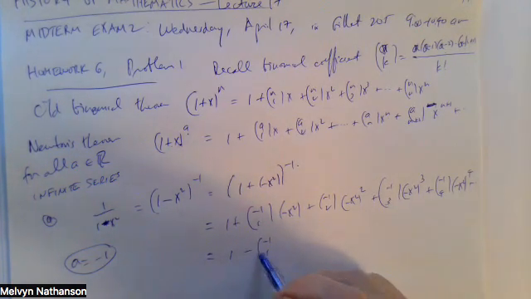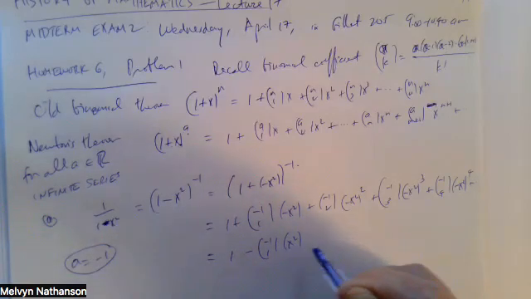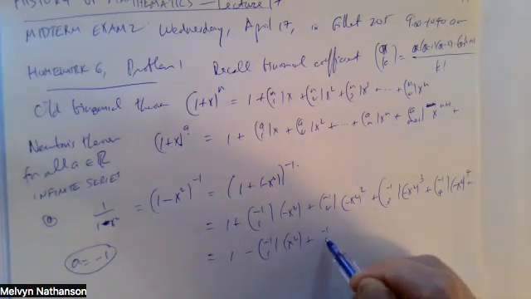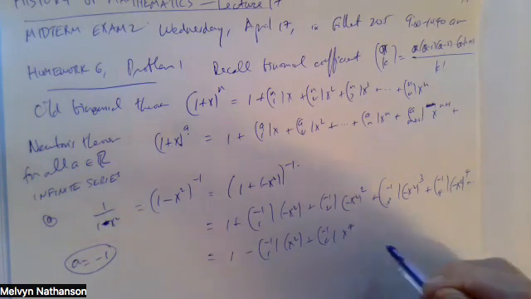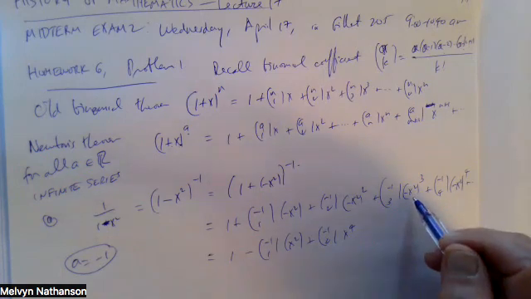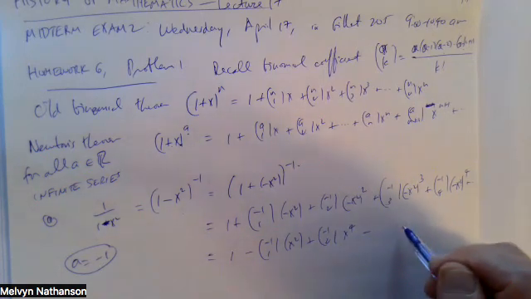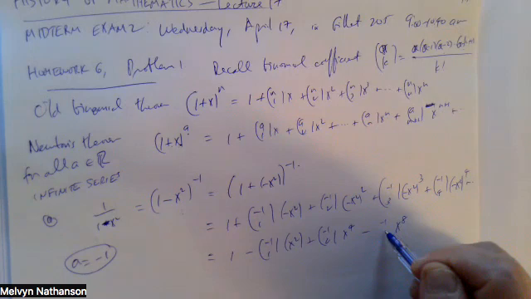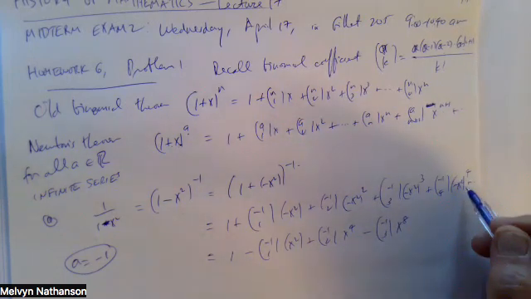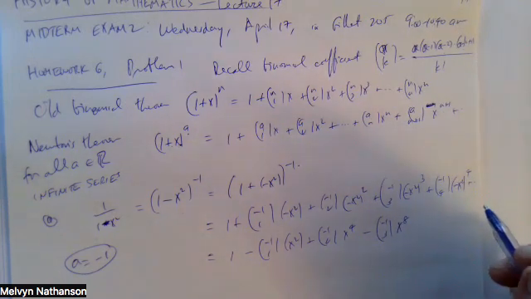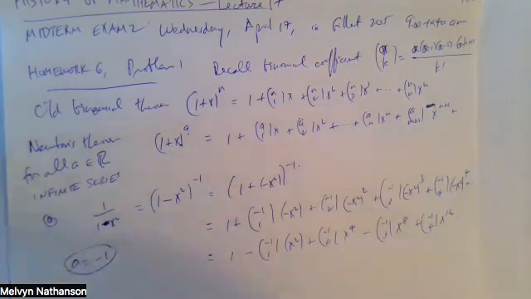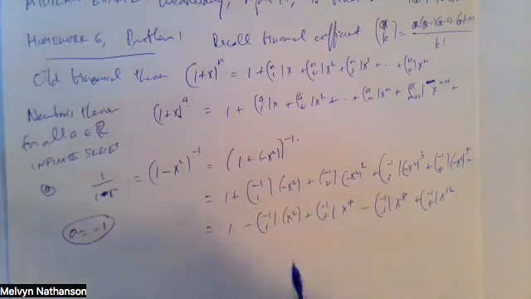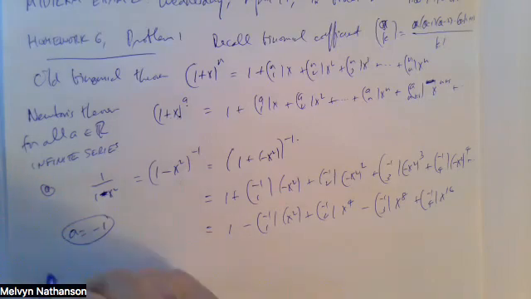So it's minus 1 choose 1 x squared plus minus 1 choose 2 minus x squared squared is x to the fourth. This is minus x squared cubed is minus x to the eighth, and the coefficient is minus 1 choose 3. Minus x squared to the fourth is x to the 16th.